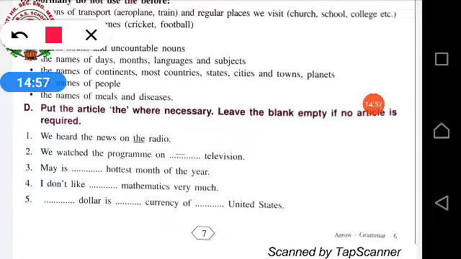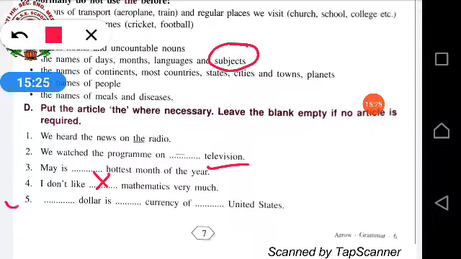I don't like the mathematics? No. What will come over here? I don't like, then you will put a cross, mathematics very much, because already given over there that for subjects we don't put the. Okay. And television also is a part of a thing. So here also we will not be putting the.